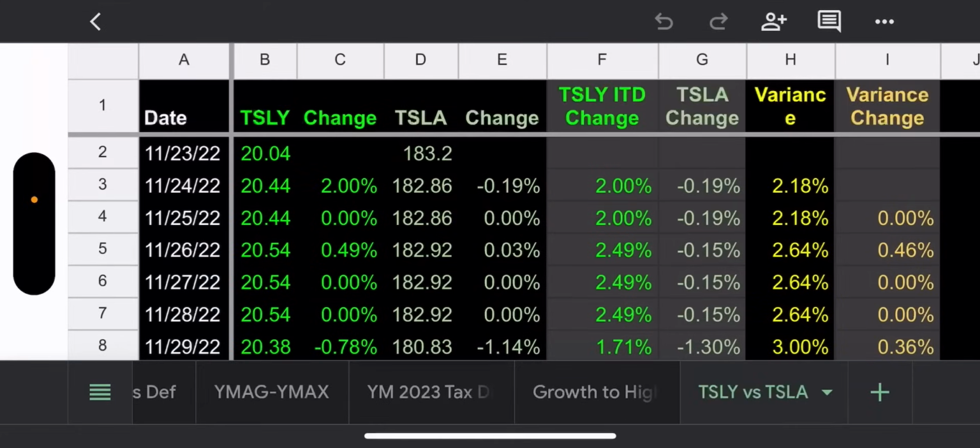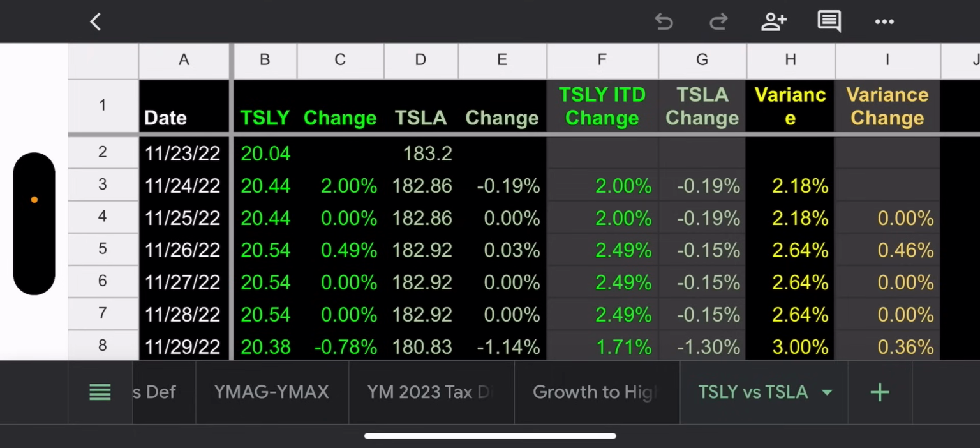So I made this little spreadsheet, and I'm not going to drag this on 53 minutes, at least I hope not, doing this on my lunch break now. What you see here is obviously the date, then the Tesley price for that date, Tesley change in price for that date, then the Tesla price for that same date, and then the Tesla change for that same date.